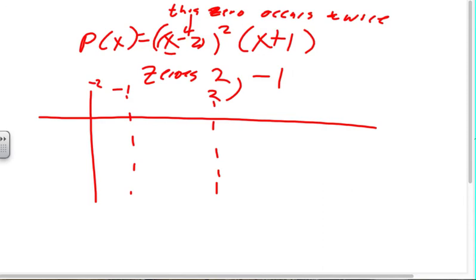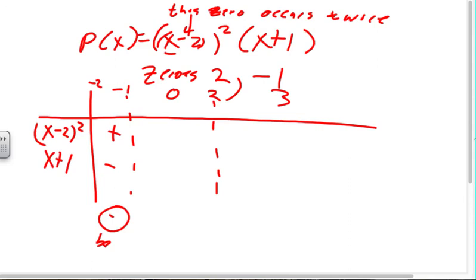I'll pick a point right here of negative 2, 0, and 3 for my test points. So I've got an x minus 2 squared and x plus 1. I plug negative 2 in. Because I'm squaring it, these are all going to be positive. Negative, that's a negative, so this will be below the x-axis.